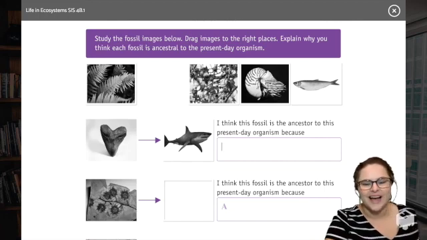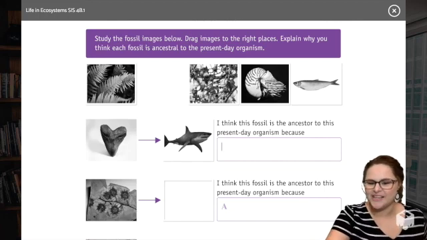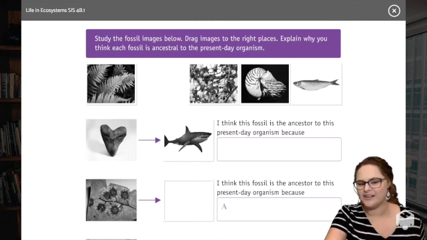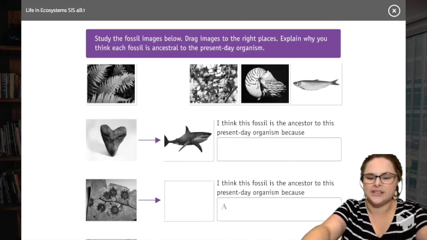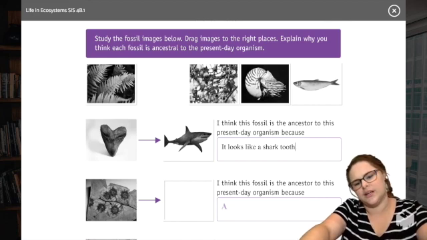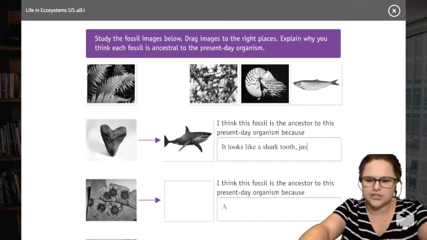But this says, I think this fossil is the ancestor to this present day organism because, and I'm going to put, it looks like a shark tooth, just bigger.